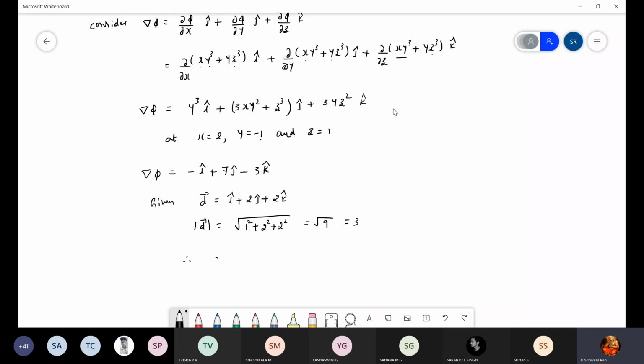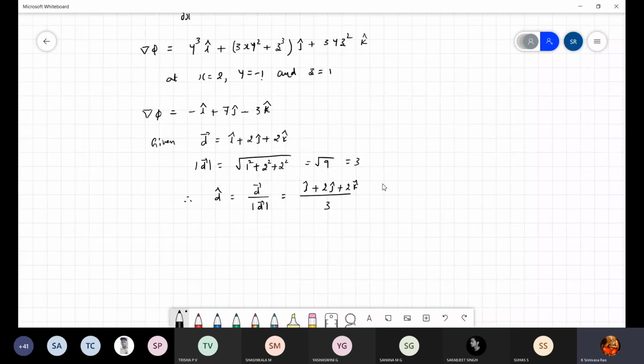Therefore d cap equals vector d divided by its magnitude. So that gives i plus 2j plus 2k divided by 3. This is d cap. In the formula also you can substitute, just I am calculating separately.